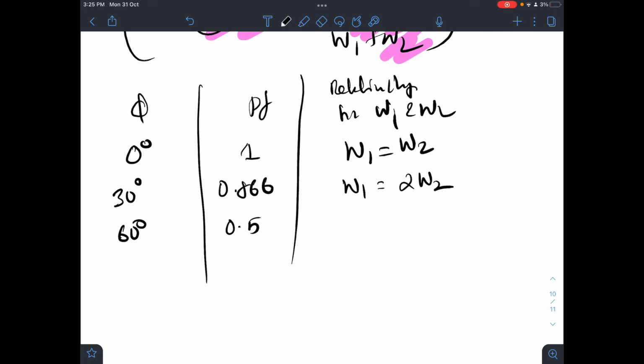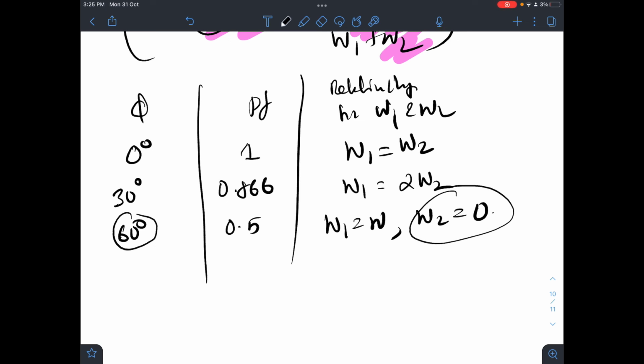That time, something interesting will happen: your first wattmeter, W1 itself, will show the total power, and the second wattmeter reading is going to be 0. So whenever it is 60 degree, you will have 1 wattmeter reading 0.